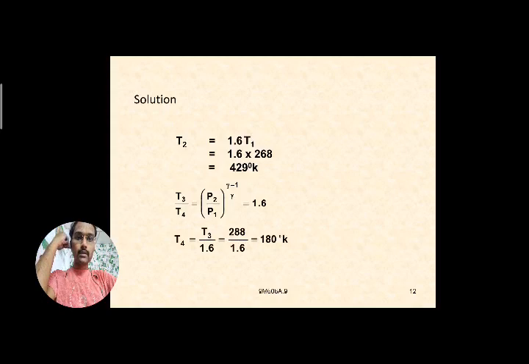To find the T4 value, bring the 1.6 to the denominator side, so T4 is T3 by 1.6. The T3 value is 288, already given in the data, so 288 by 1.6 is equal to 180 Kelvin, the T4 value.